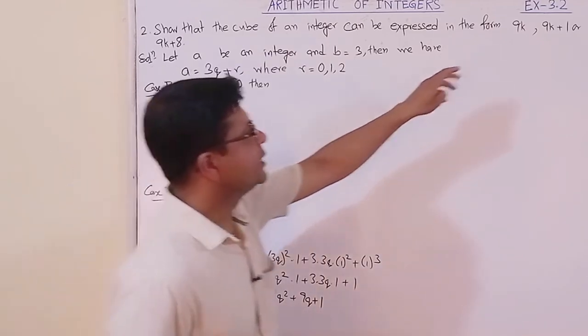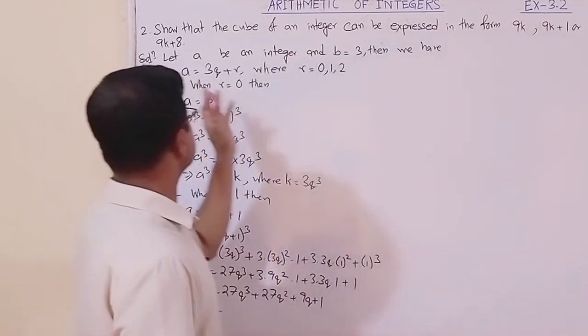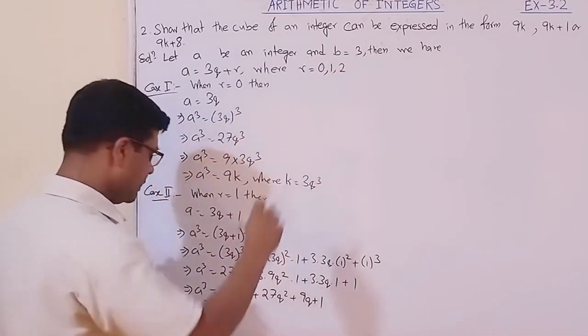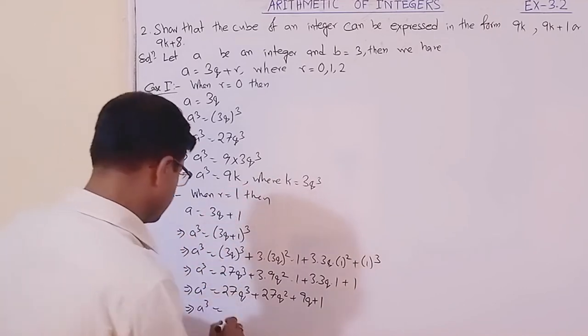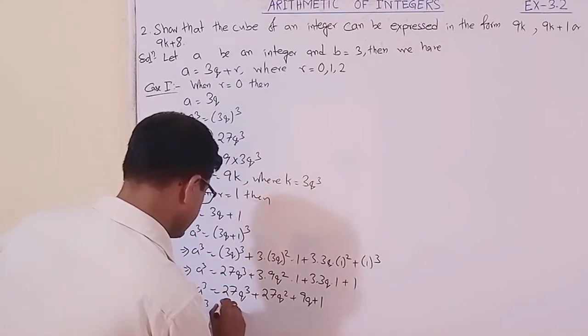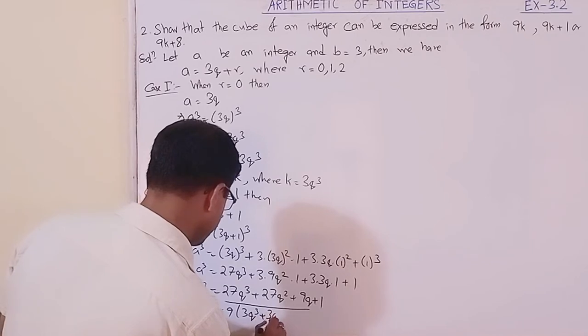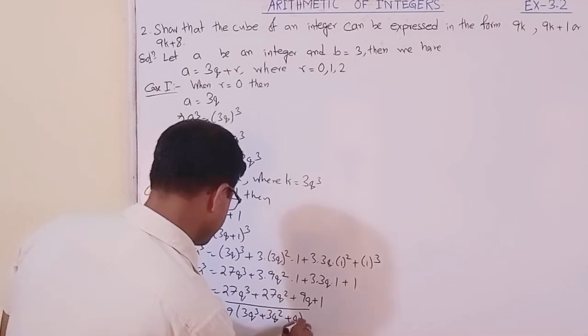We have to make this either 9k plus 1 or 9k plus 8. Plus 1 is there, so obviously in the form 9k plus 1. So what do we have to take common? 9. So let us take 9 common. So it is 9 into (3q cube plus 3q square plus q) plus 1.